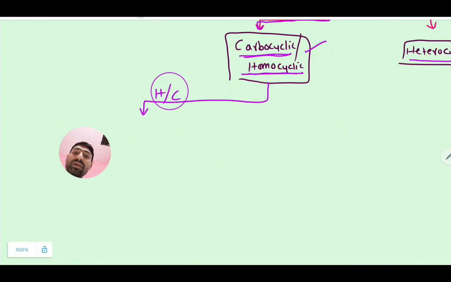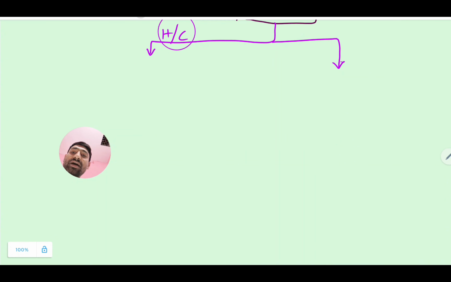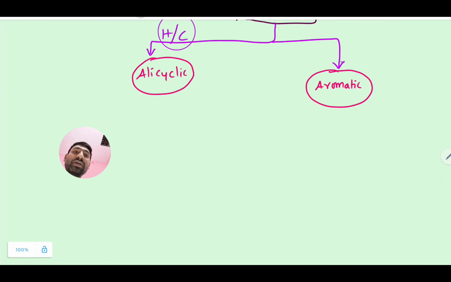For example, if you take a compound like this, carbon, carbon, carbon, carbon, carbon, carbon, here also only carbon and hydrogens are there. So those are carbocyclic or homocyclic compounds. These are again divided into two categories, alicyclic and aromatic compounds.